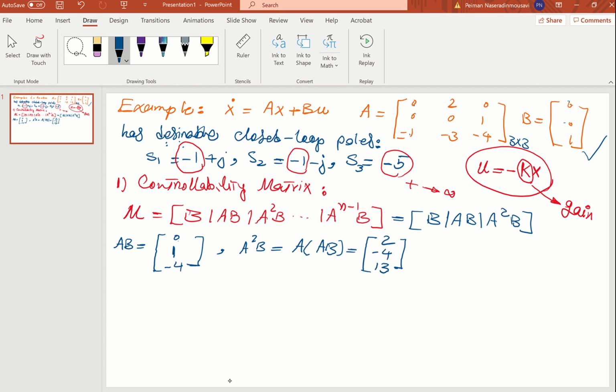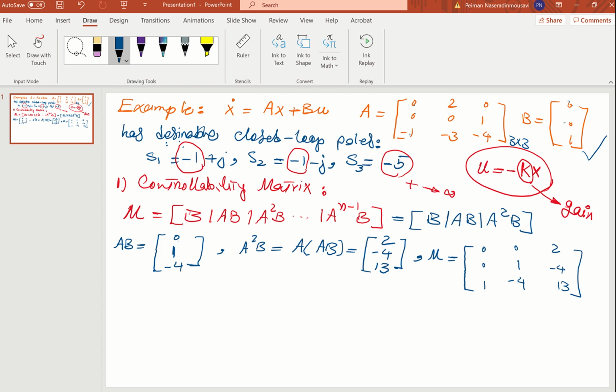Here we go. So now the controllability matrix is going to be: B is 0, 0, 1, AB is 0, 1, -4, A squared B is 2, -4, and 13.